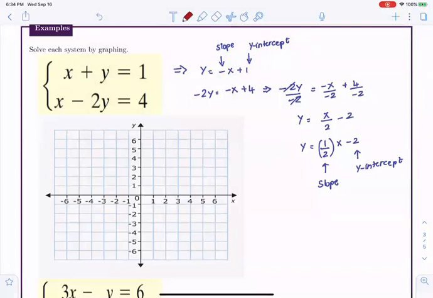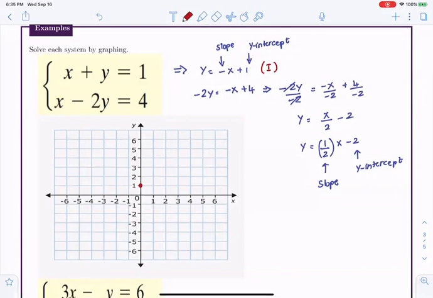I'm going to use red for the first equation. Since we have a negative slope, we know the line is going to decrease. And the y-intercept is at 1, so I'm going to put a dot at 1 because that is the y-intercept.